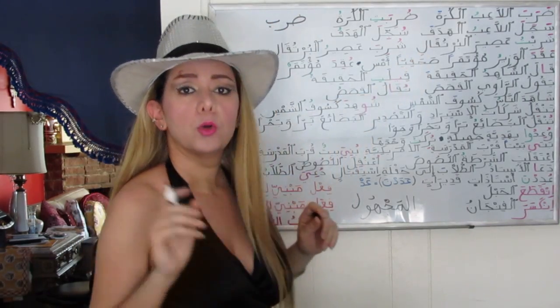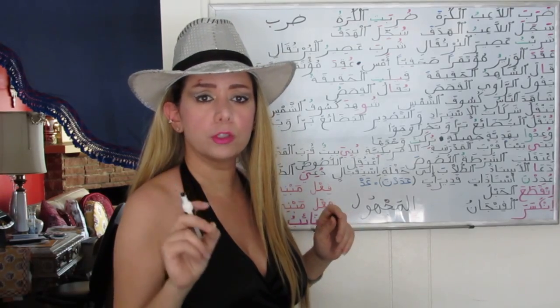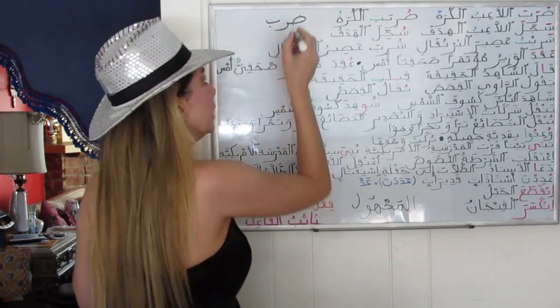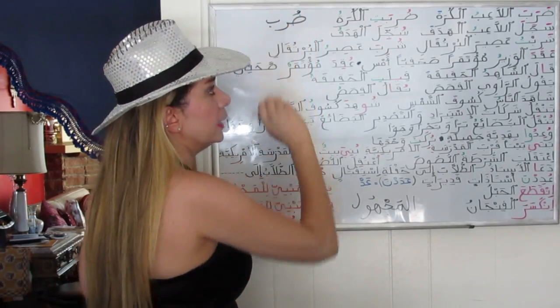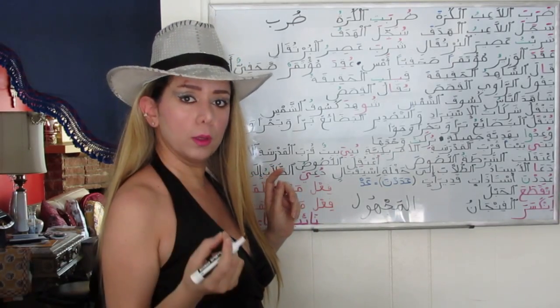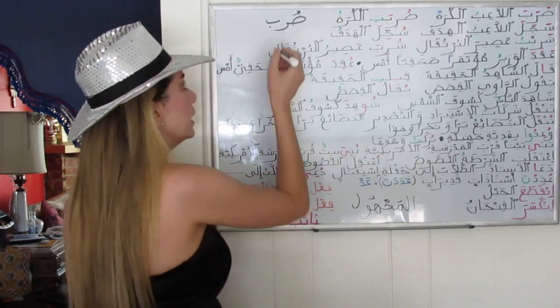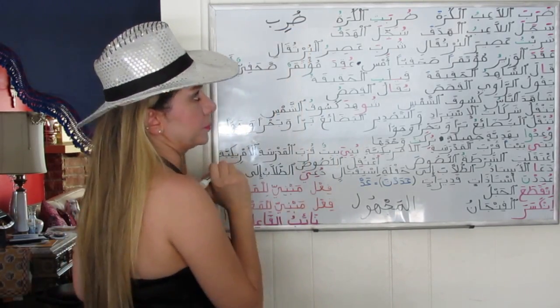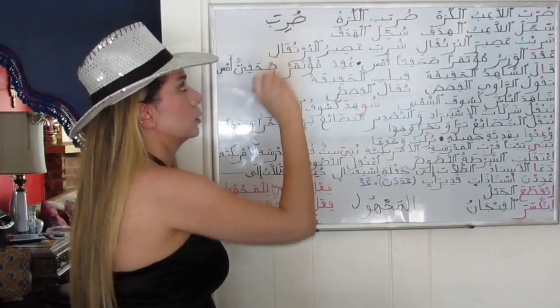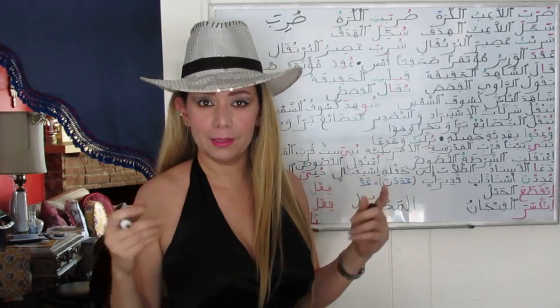fatha, so we will start with Dhamma. The first short vowel will be a Dhamma. Alright? And the stem vowel, the middle vowel, will take the Kasra. Duriba. He was hit.